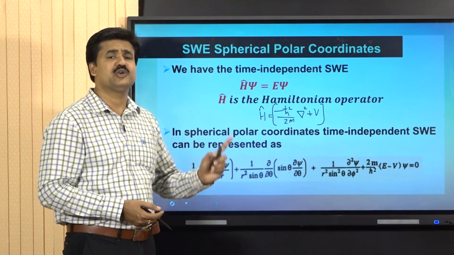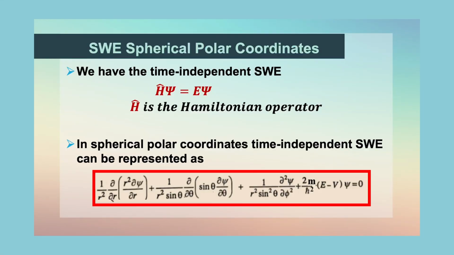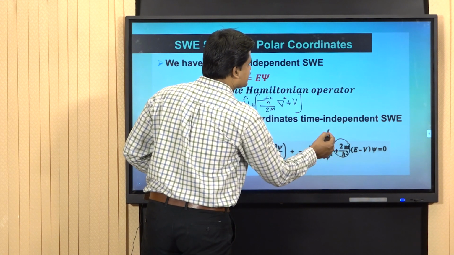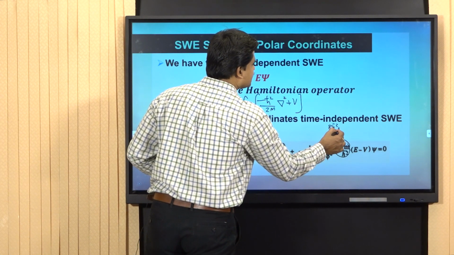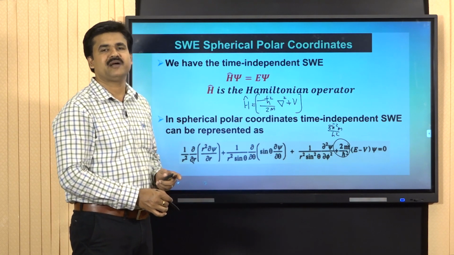that is 1 by r square dou by dou r of r square into dou psi by dou r plus 1 by r square sin theta dou by dou theta of sin theta into dou psi by dou theta plus 1 by r square sin square theta dou square psi by dou phi square plus 2m by h cross square. This term can also be represented like this. This is also equal to 8 pi square m by h square, because h cross equals h by 2 pi.